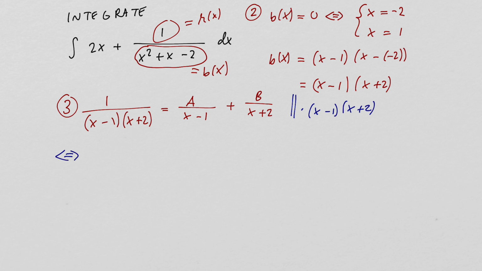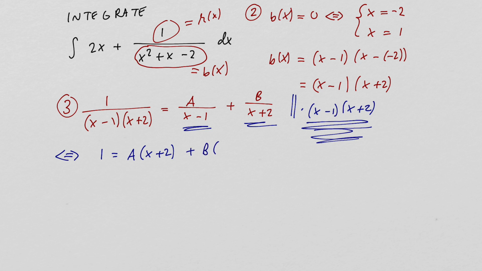On the left hand side we will have just 1, and on the right hand side we will have this times this. The x minus 1 will cancel out and we will just get a times x plus 2. On the other hand, this times this will give us b times x minus 1.